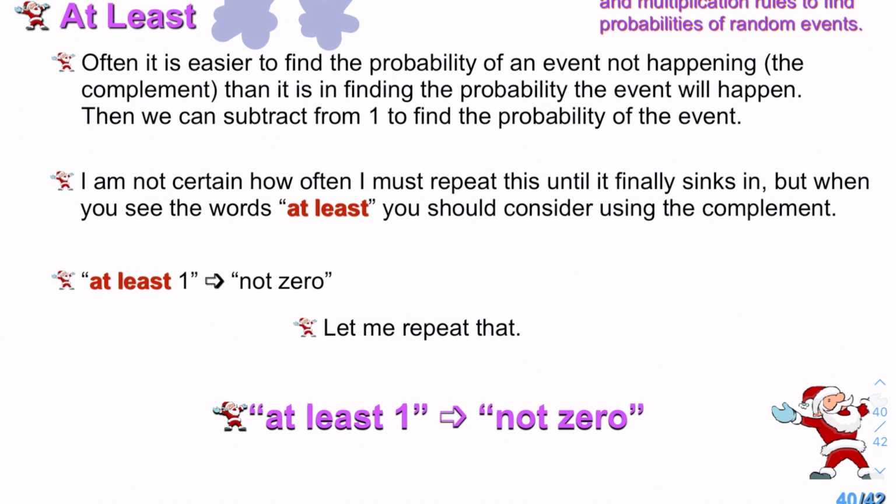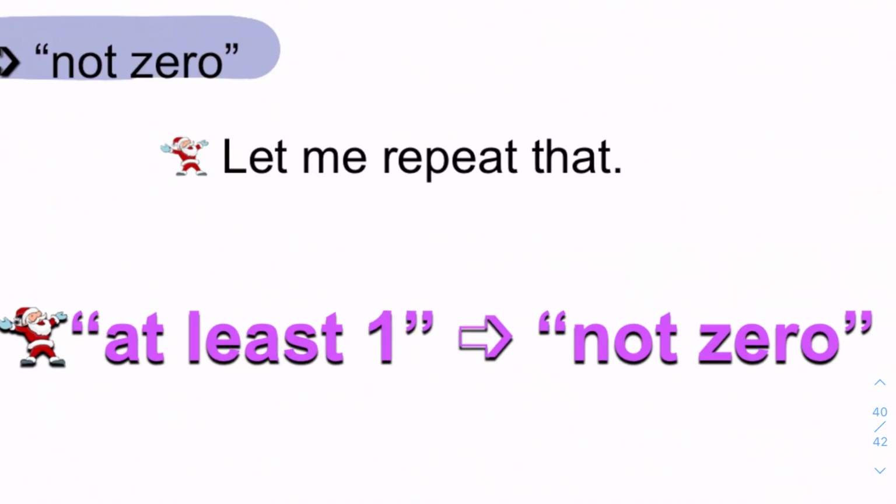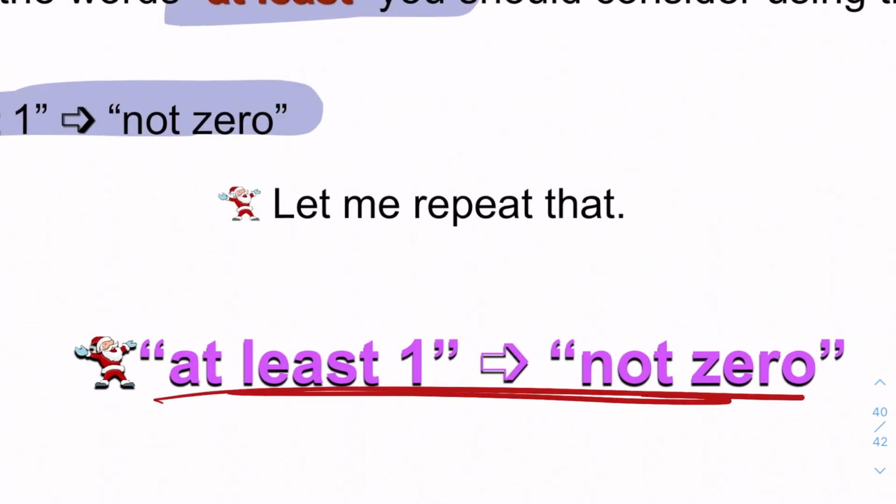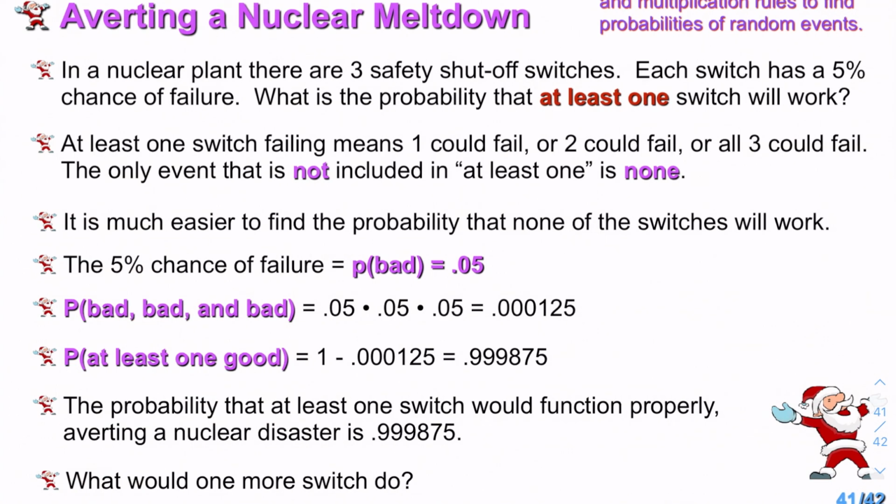But when you see the words at least, you should consider the complement. At least 1 is the same thing as not 0. Let me repeat that. At least 1 is the equivalent of not 0. You'd be surprised at how many people miss something like that.